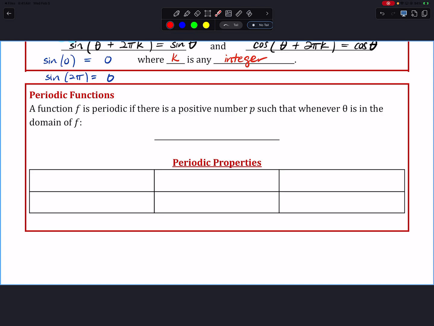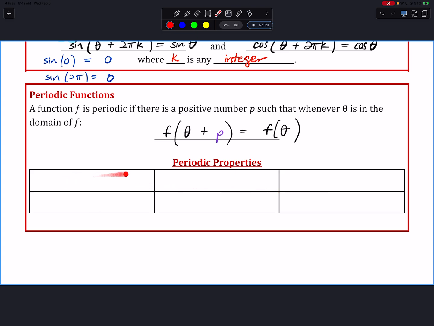So in general, a periodic function f is described where there's a positive number p such that whenever theta is in the domain of f, f of theta plus p is equal to f of theta. So this is going to tell you what the period of all 6 trig functions is.